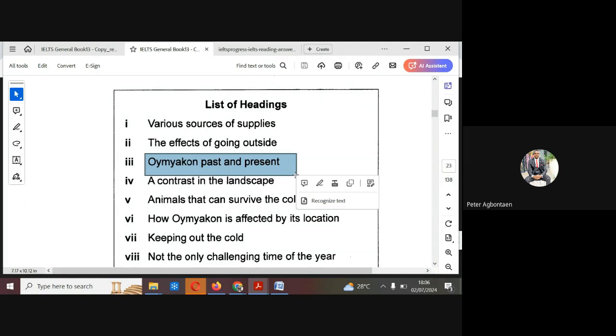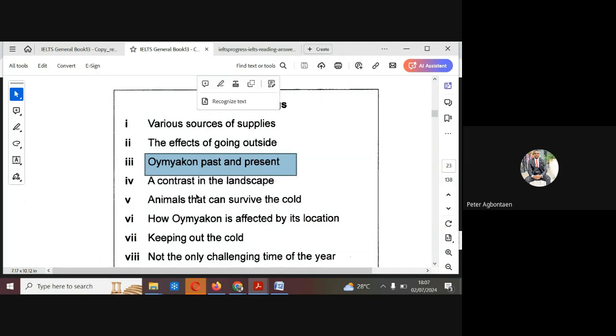So that means you should find in this paragraph a comparison between how Oyemakon used to look like and how it is presently. So it's like before versus now. So any paragraph that compares Oyemakon probably 100 years ago, 200 years ago with how it is right now, this will be the answer to that particular paragraph.